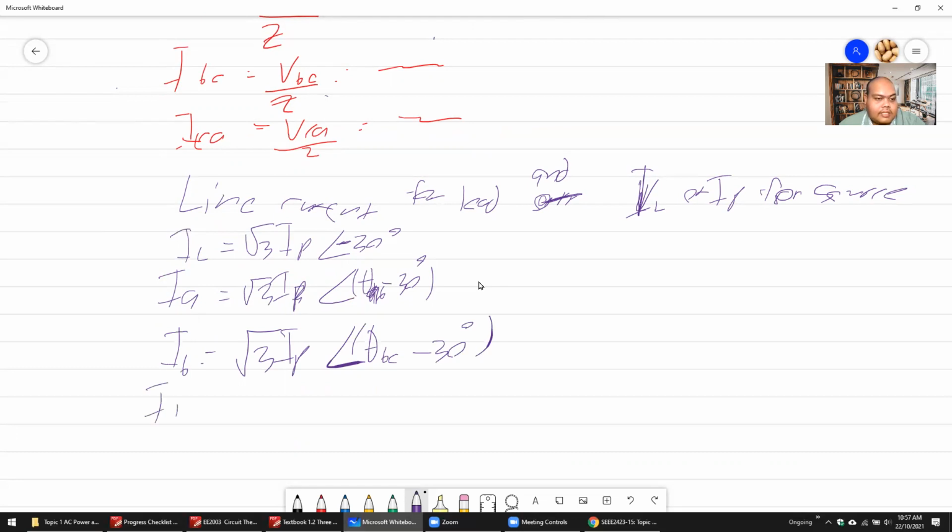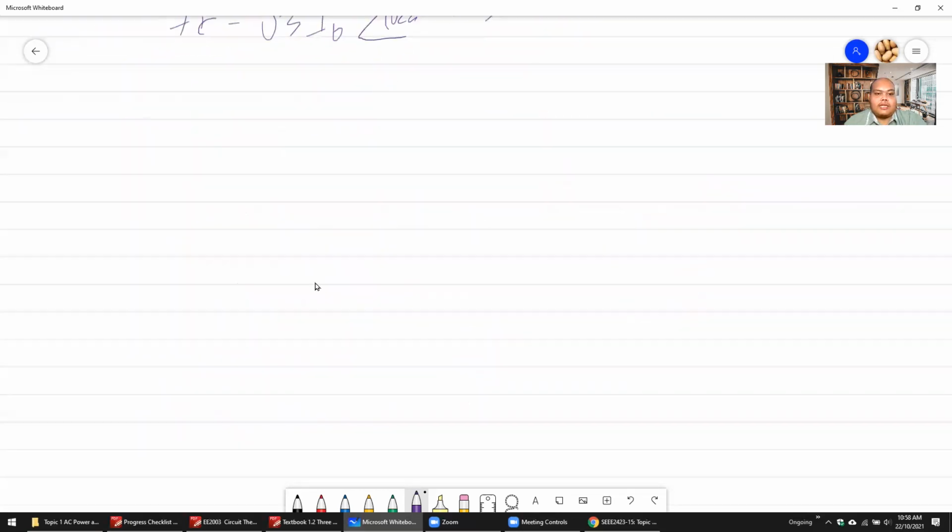And IC is equal to square root of 3 IP angle theta CA minus 30 degrees. So you already solved everything. You get the voltage and the current for line and phase at load and source. So that is how you calculate.